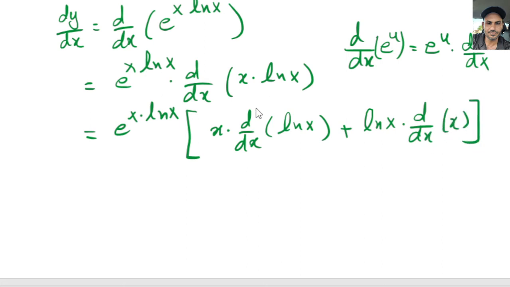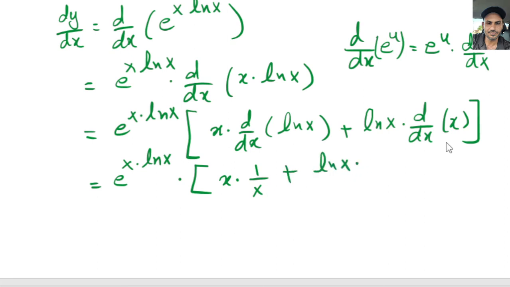I expanded this using the product rule. So now we have e to the x ln of x times, inside, x times the derivative of natural log of x, which is 1 over x, plus ln of x times the derivative of x, which is just 1.